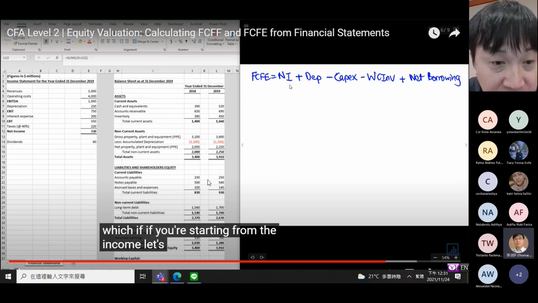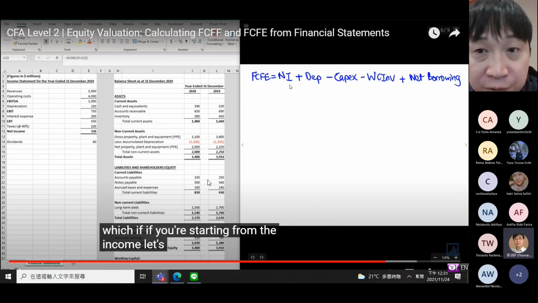The incremental addition. So here you add it back into your cash flows.